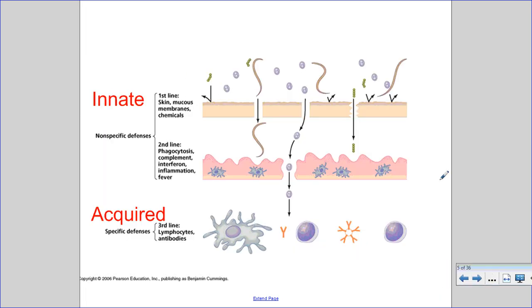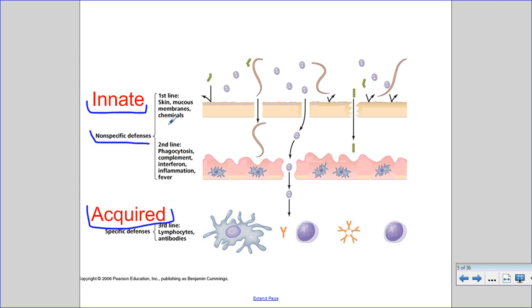So the immune system can be broken down into two parts. There is what's called the innate response and the acquired response. The innate response is really non-specific defenses. So this is a general response that your body will have to any type of invading pathogen. The innate system will involve things like the skin, the mucous membranes, and chemicals.